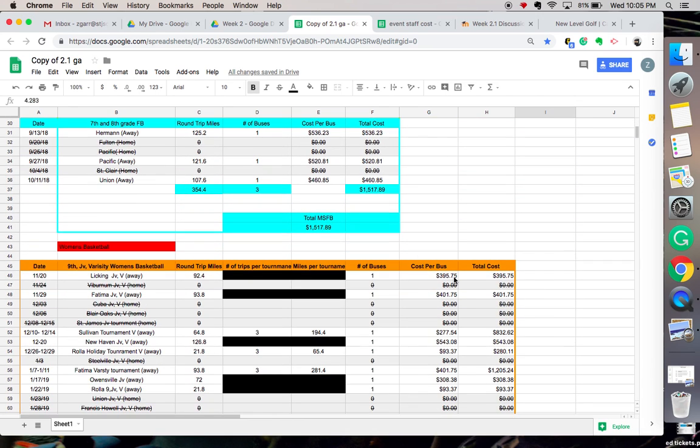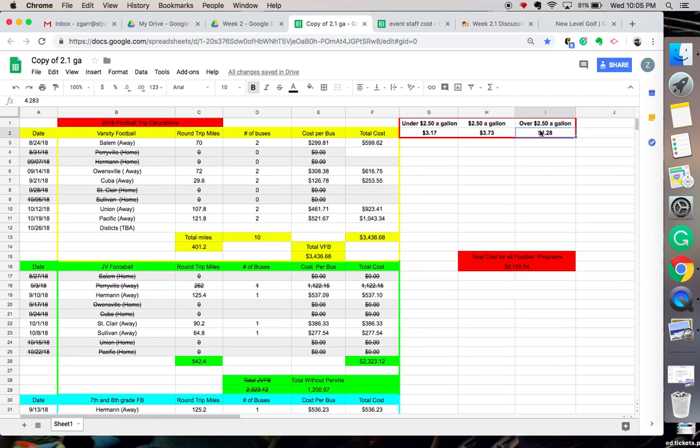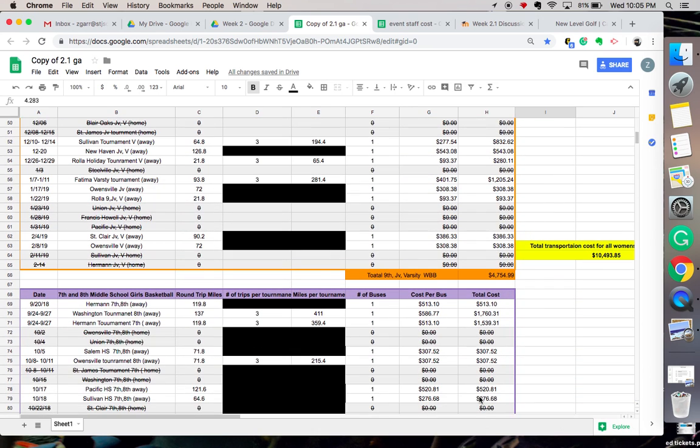Most of those costs carry over, except for our tournament. You can find the cost by bus and multiply it by 3, or you could do it the way that I did, which was to do the round trip miles times the gas price too. Either way, it works out the same.